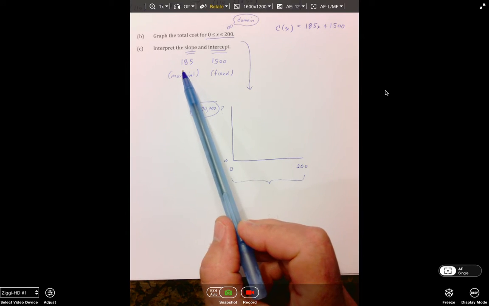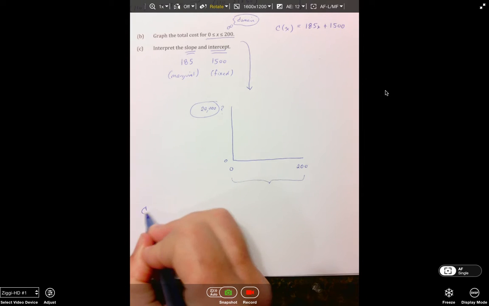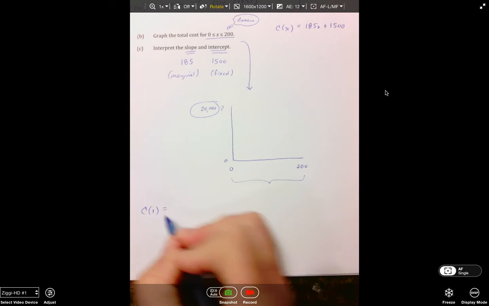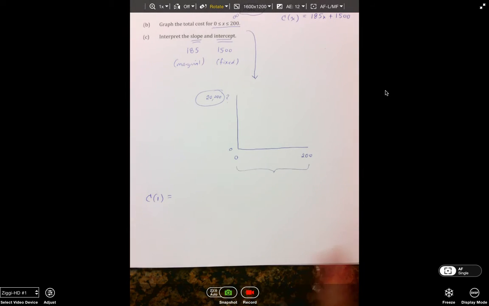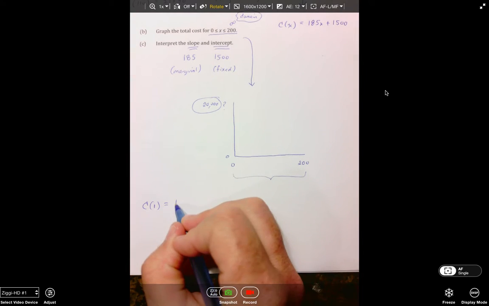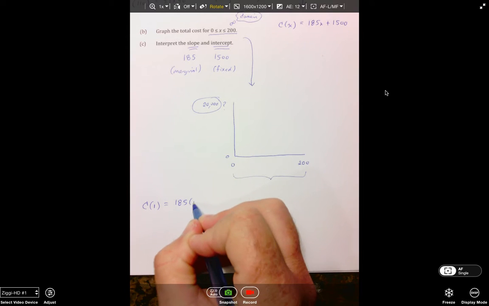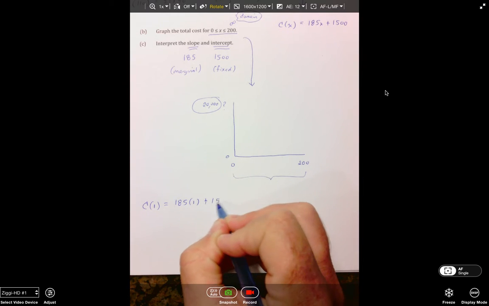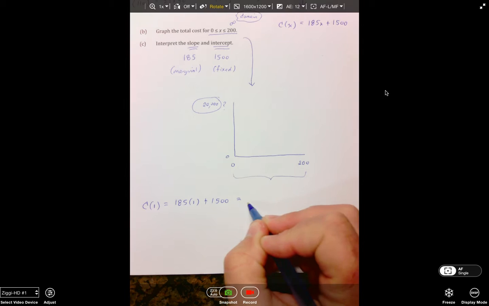So if they only, for example, let's say they had a really weird day and they only created 1 golf club, then we would have 185 times 1 plus the value it took to open up the door.